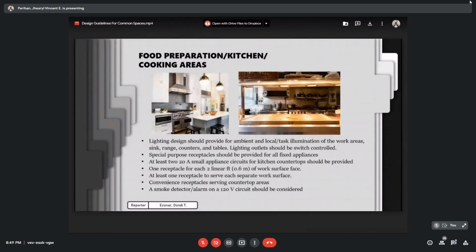At least two 20 ampere small appliance circuits for kitchen countertops should be provided. One receptacle for each 2 linear feet or 0.6 meter of work surface. At least one receptacle to serve each separate work surface. A smoke detector or alarm on a 120-volt circuit should be considered.